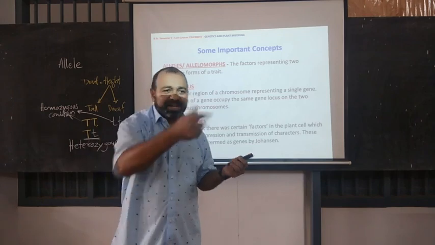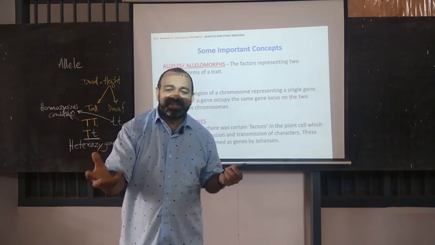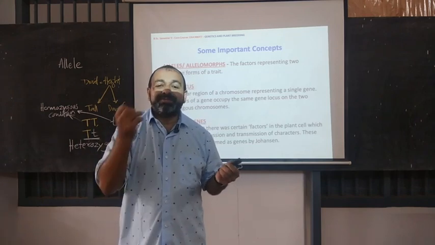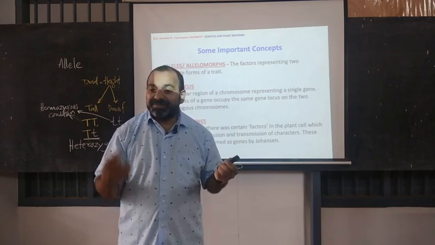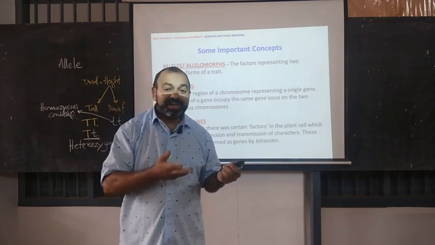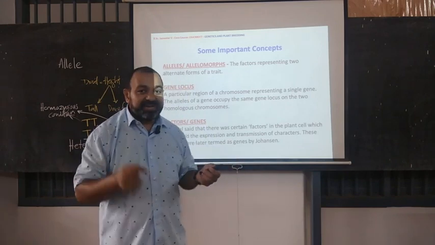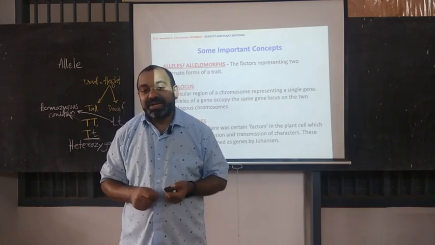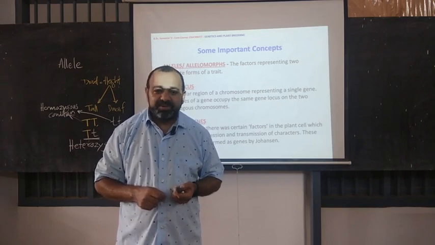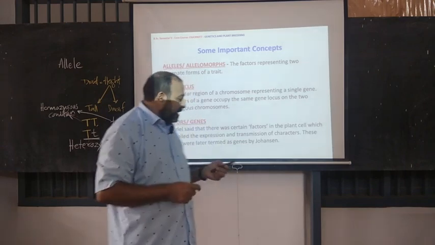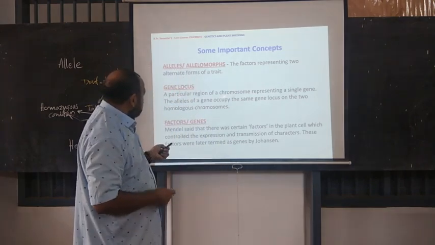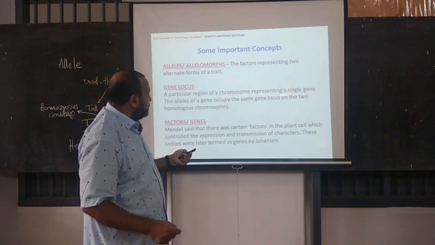Okay. People sitting in the class, each and every one will be having different temperaments, different abilities, different characters. All these belong to the DNA, the genetic makeup of you people. So, the gene locus is a particular region of chromosome representing a single gene.